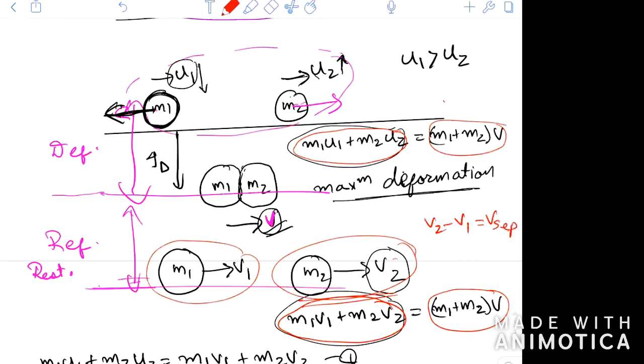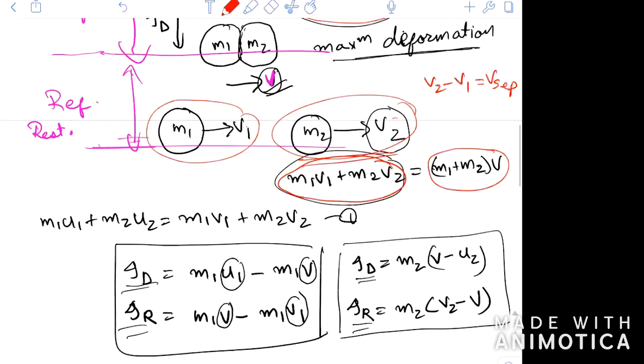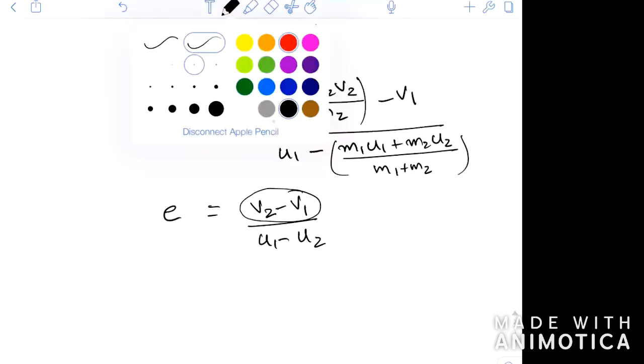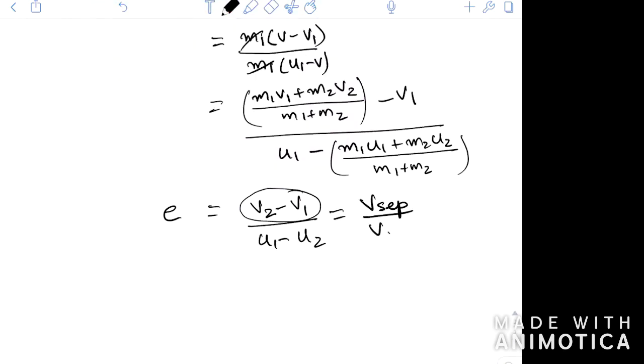And initially this particle was going towards the second one with a speed u1, and this was running away with a speed u2. So u1 minus u2 is nothing but the velocity of approach. So that is why coefficient of restitution is equal to velocity of separation by velocity of approach.